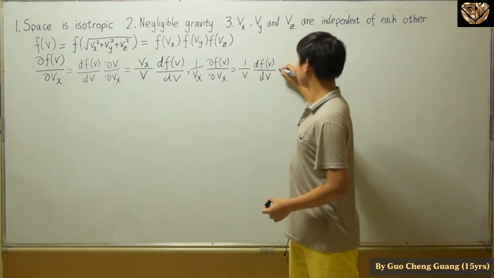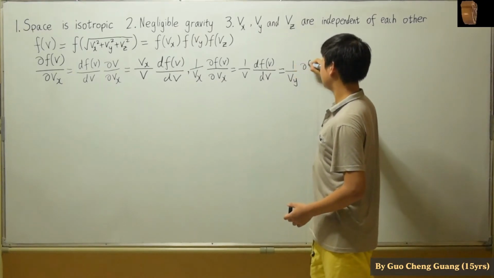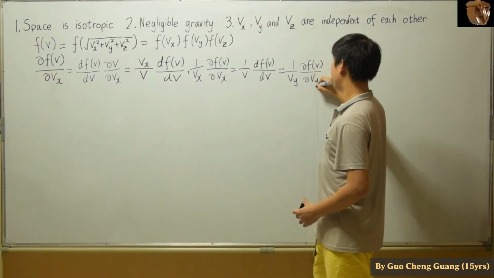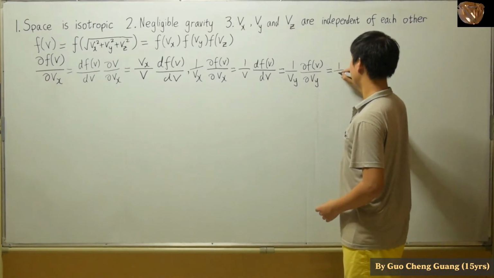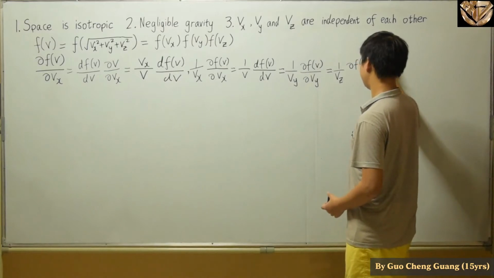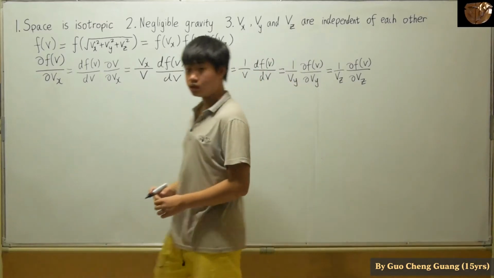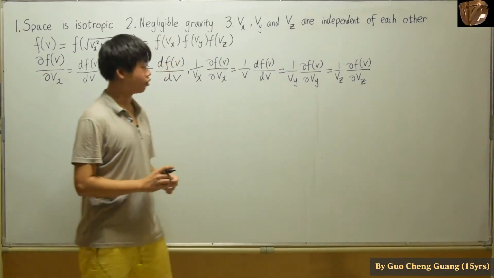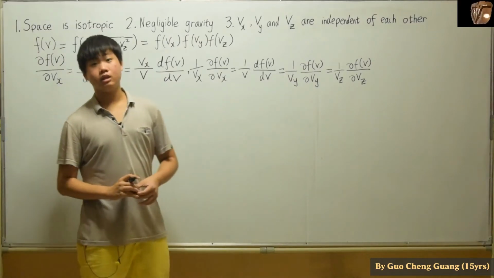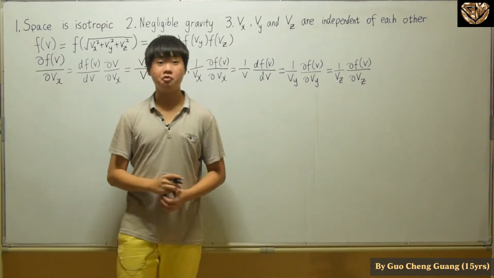So that means this is also equal to 1 over vy partial f(v) partial vy, and equal to 1 over vz partial f(v) partial vz. Right, so these are what is going to equate with each other. So at this point, that is a first way of finding partial f(v), partial vx.